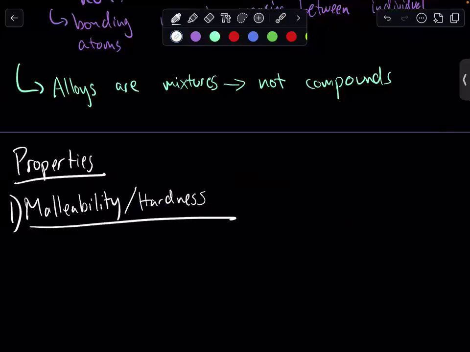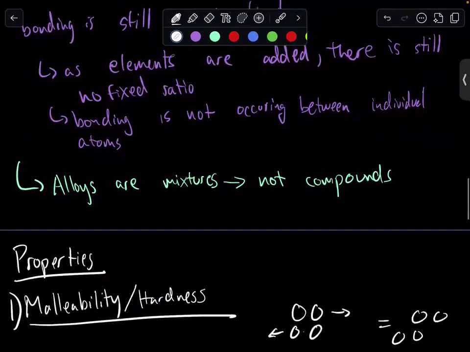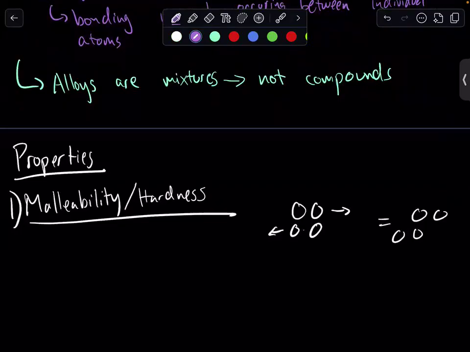When we have malleability, we remember that the lattice can just slide left and right, and we can get a shift where we have the whole thing shifted, but that's okay because bonding is non-directional. And you would think that with non-directional bonding of alloys, it would have no effect. But there comes different problems.